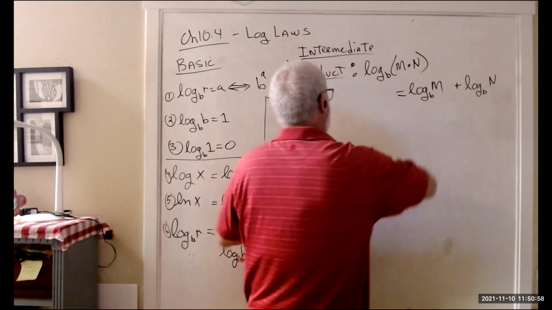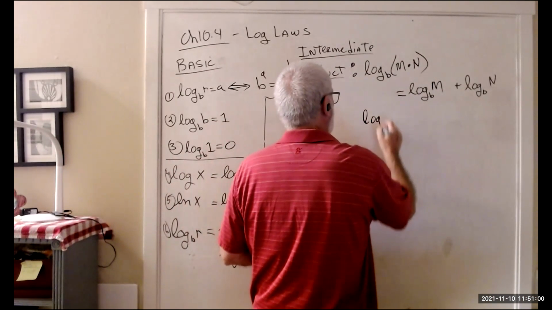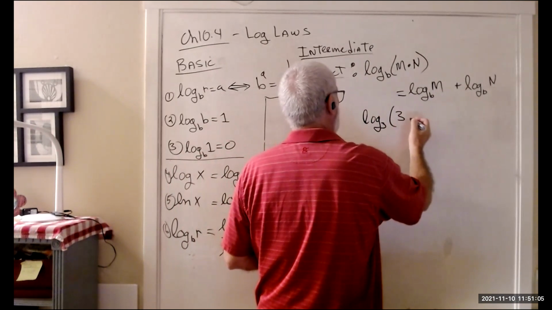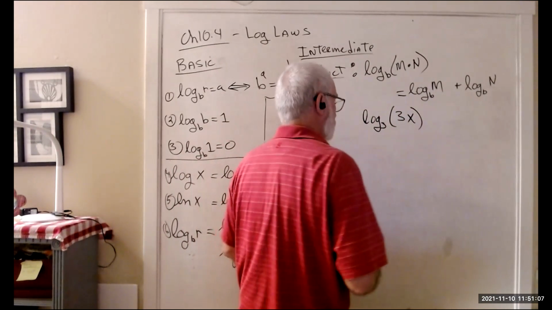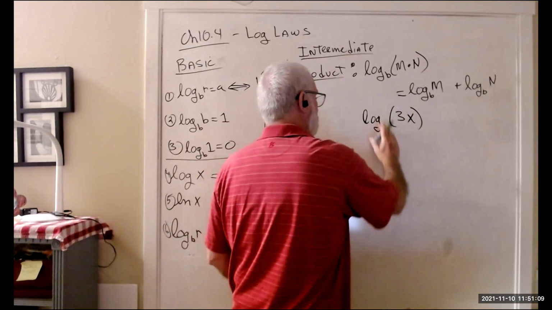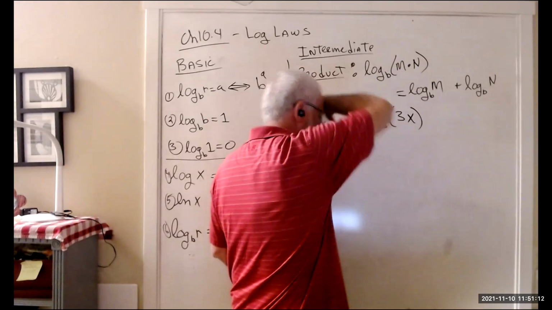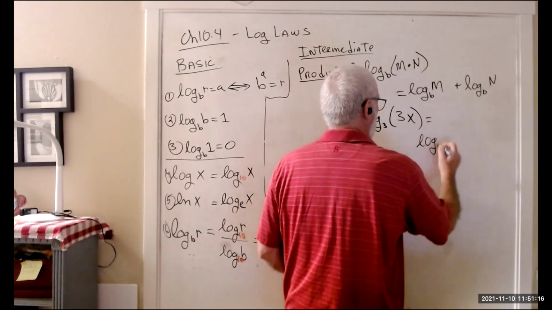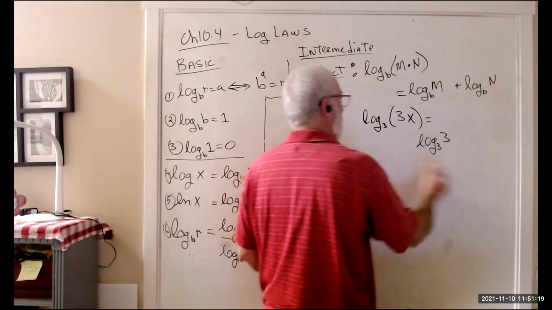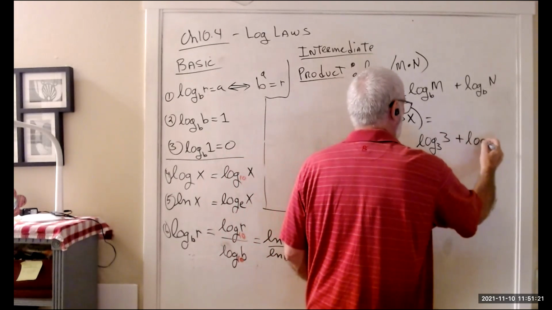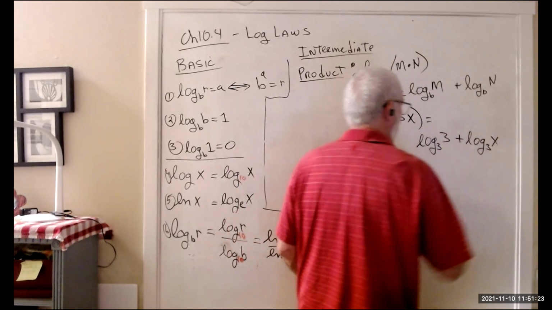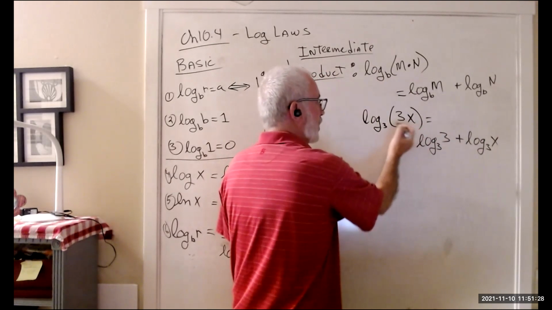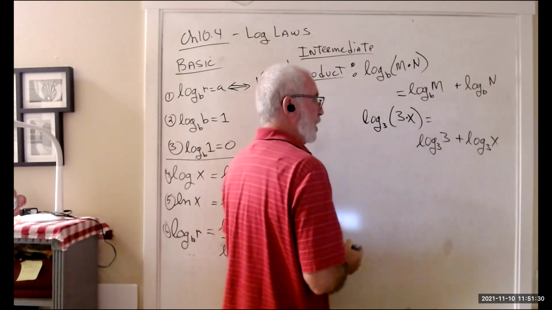So suppose you had log base 3 of 3x. Well, you can write that as the log base 3 of 3 plus the log base 3 of x, because the 3 and the x are multiplying together.